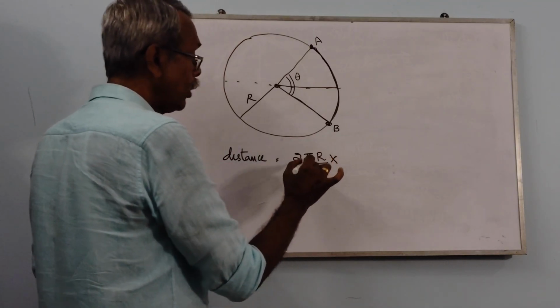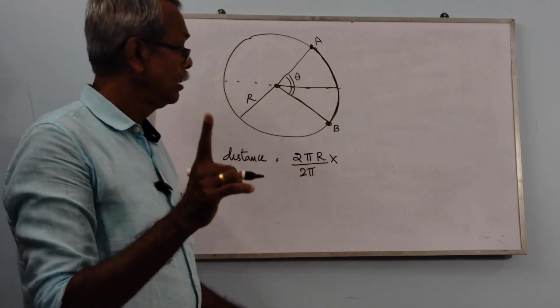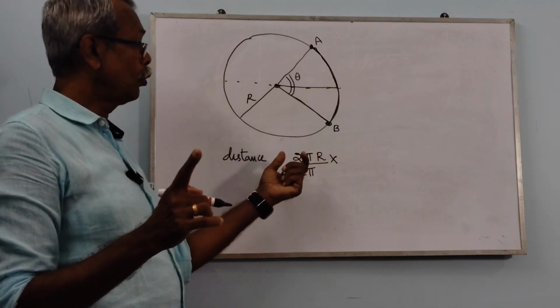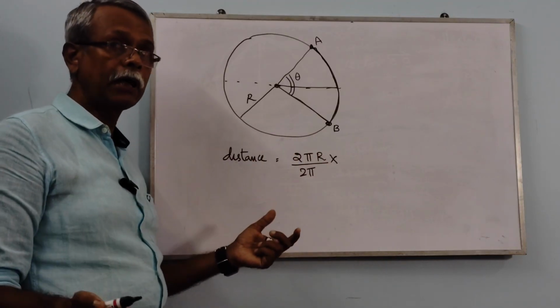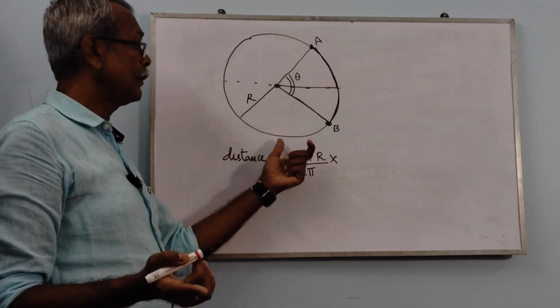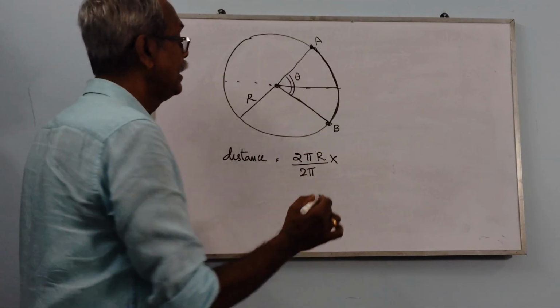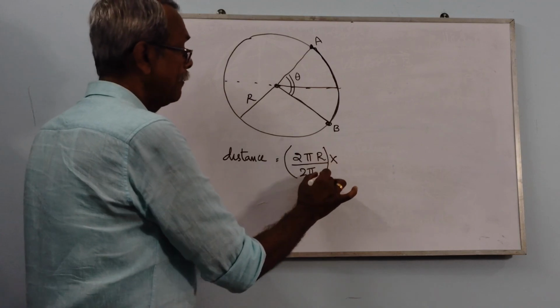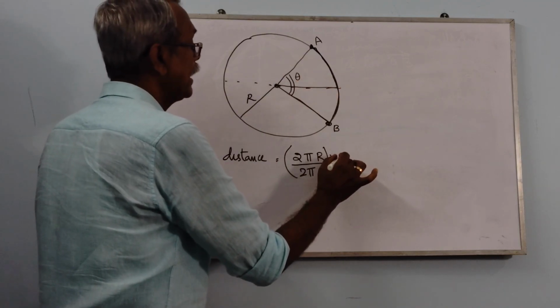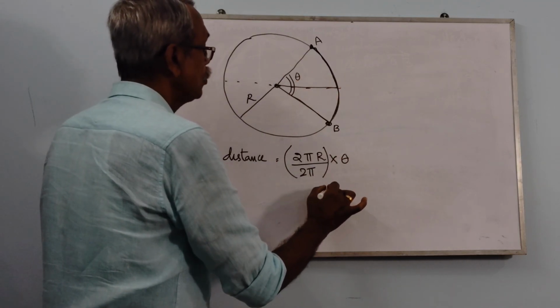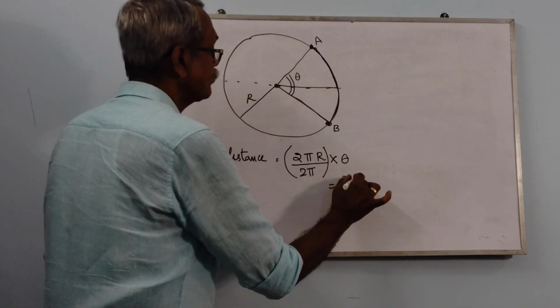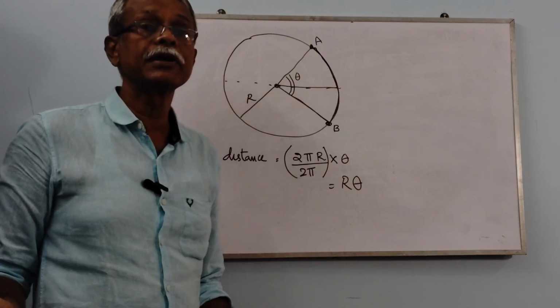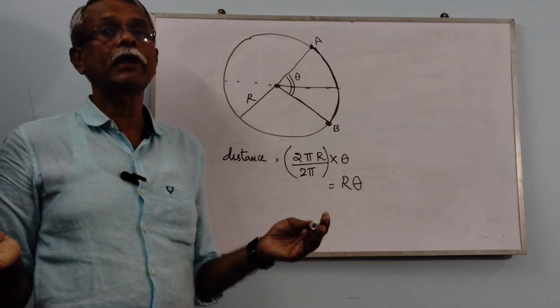For 2 pi radian, it is 2 pi r. So for 1 radian, it is 2 pi r divided by 2 pi. This is for unit radian, and therefore for theta radian it will be equal to r theta. That is a very important relation which we use to calculate the arc length.